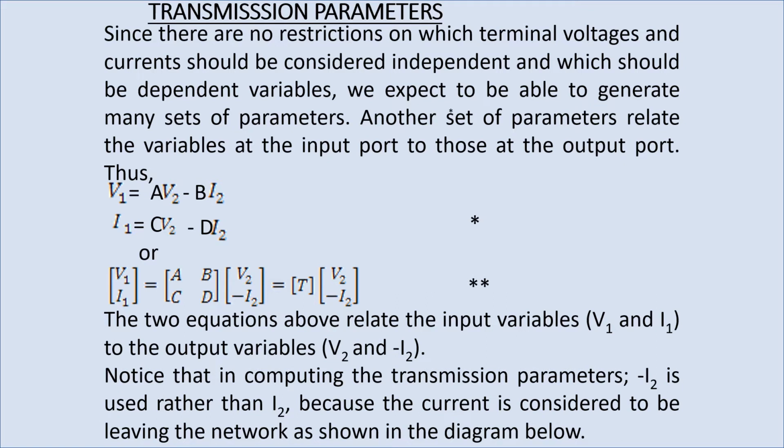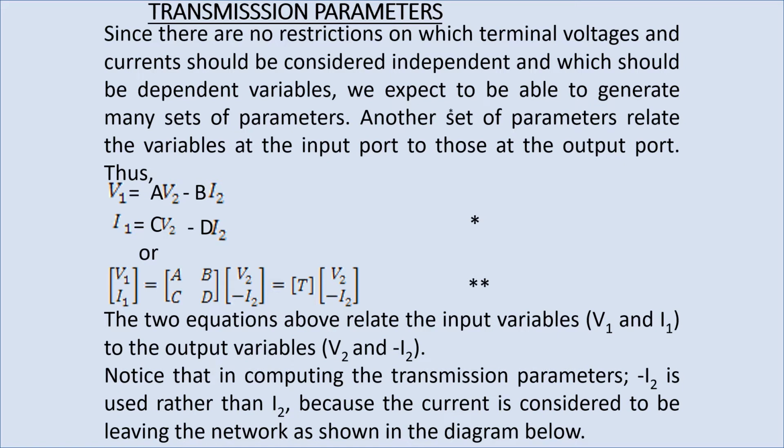For example, in impedance parameters, we have V1 and V2 as our dependent variables, and I1 and I2 as the independent variables. And for admittance, the reverse is the case. We have I1 and I2 as our dependent variables, and V1 and V2 as the independent variables.